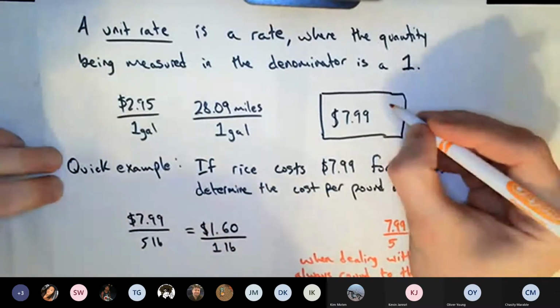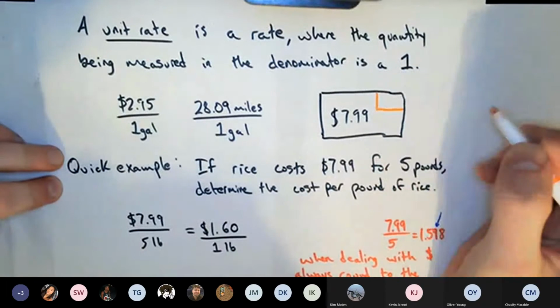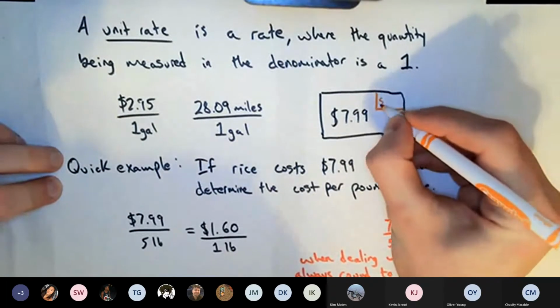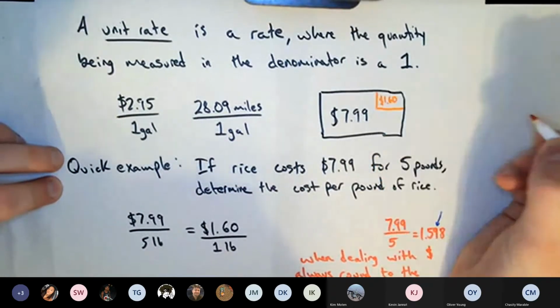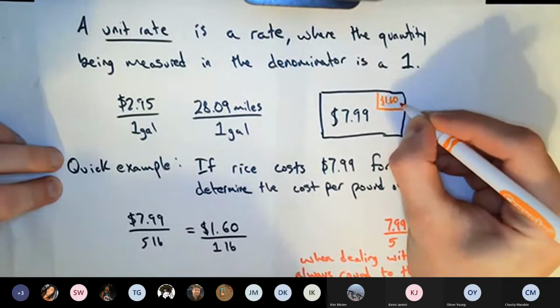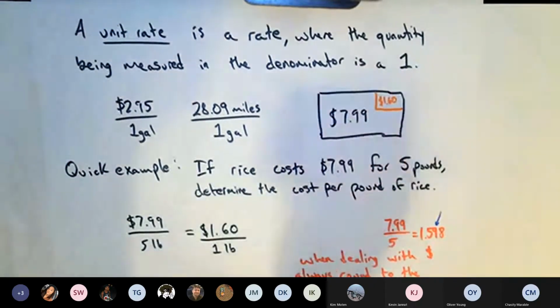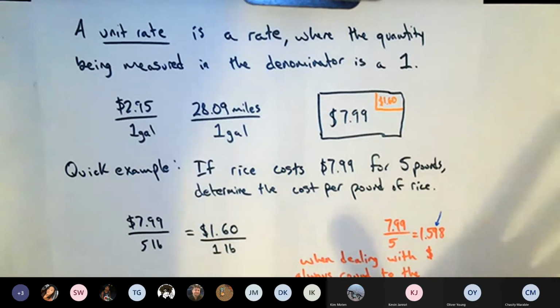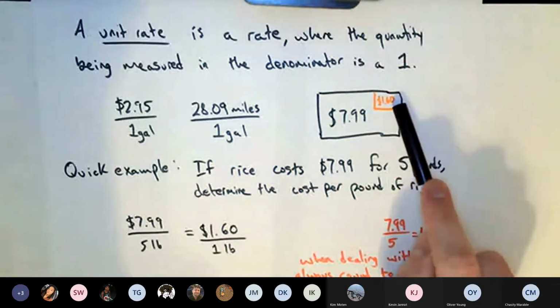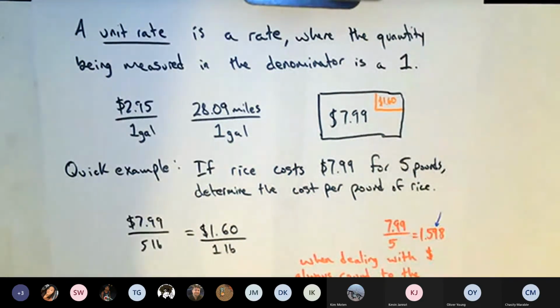But up in the corner, you'll actually see the unit rate. It'll say like 1.60, and then it'll say per pound or something. I can't fit it, but they'll have the unit rate. If you've ever looked at a price tag at Walmart, they have the little unit rate stuffed up into the corner.